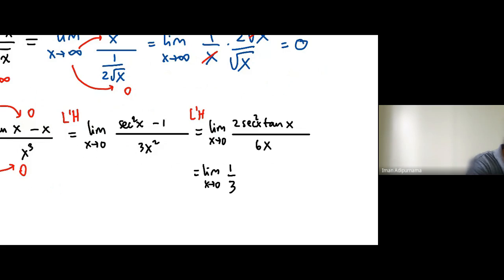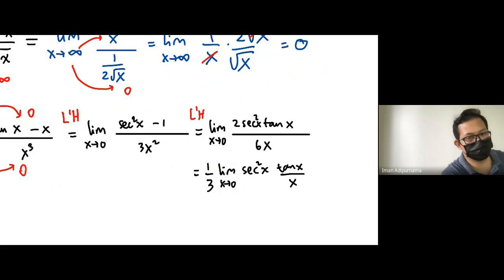Or let me move this going here, this going here. Okay. So secant x, and then tangent x over x, and this will be secant squared x.